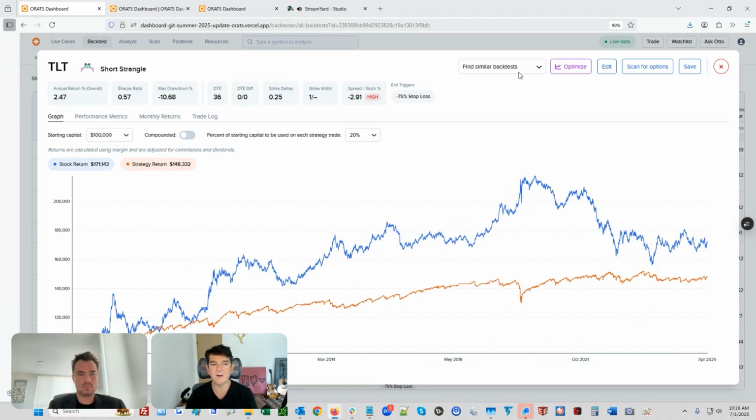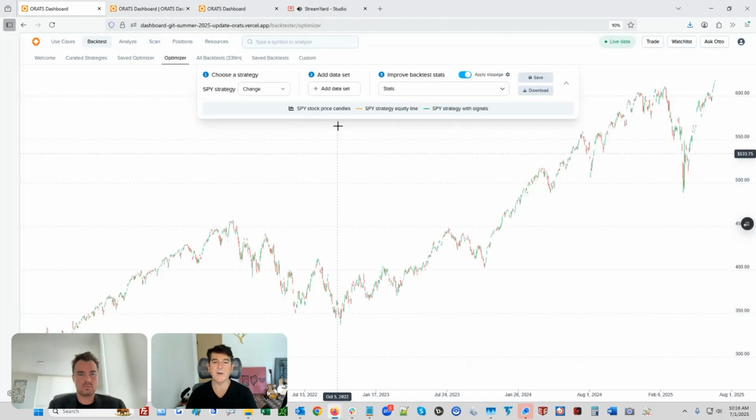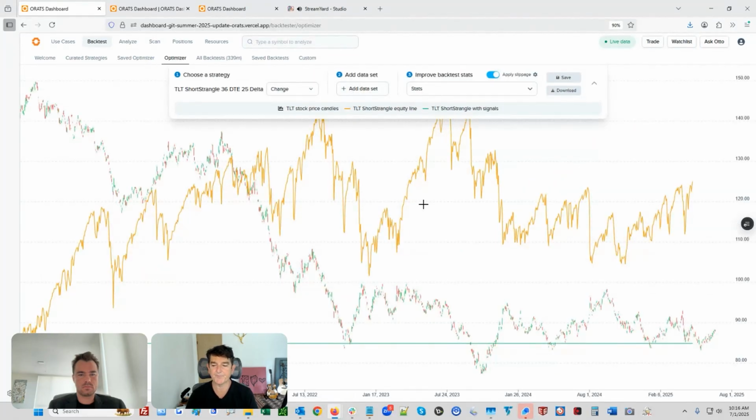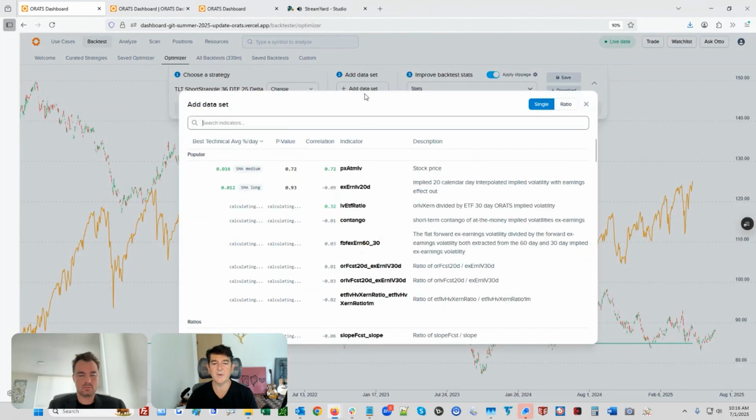So I could just go in and optimize this. Like I said, it takes a second to calculate these. We do a lot of these calculations locally as you're pulling it up, so you might hear my computer in the background.